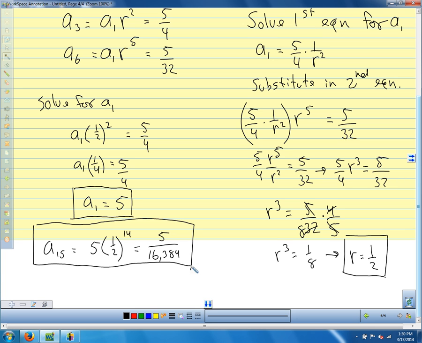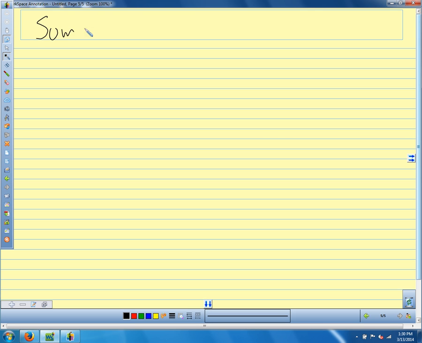Okay, let's come up with our sum formula. So we found our nth term formula, we used the nth term formula to solve a few problems. Let's come up with our sum formula. So first we're going to sum a finite geometric series.